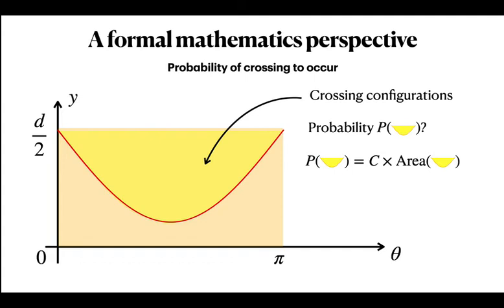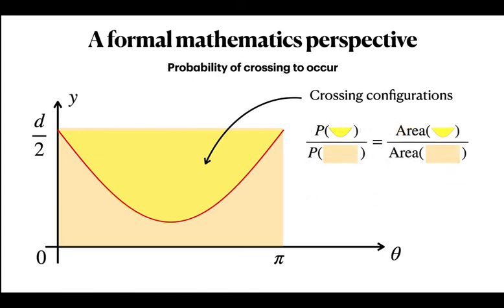The probability for the configuration to be any of the possible configurations is also equal to C, the same constant, times the area of the beige rectangle. Now we can simply take the ratio between these two equations, and you can see that we are getting rid of the C's, so that's really nice.